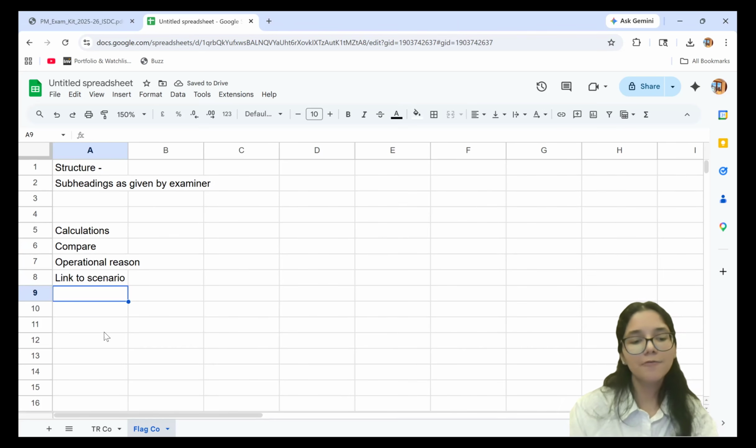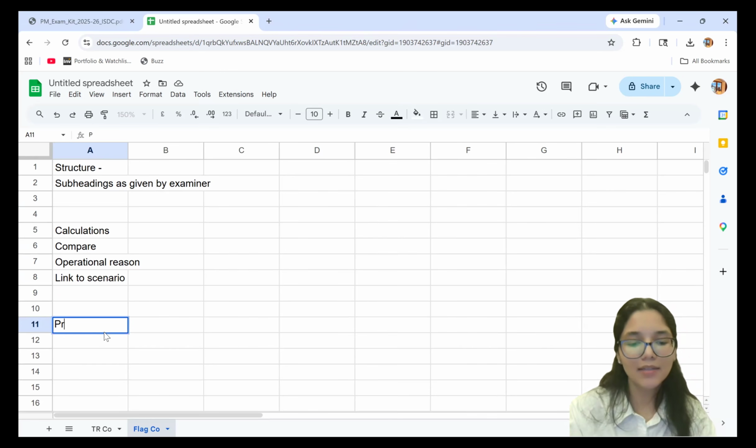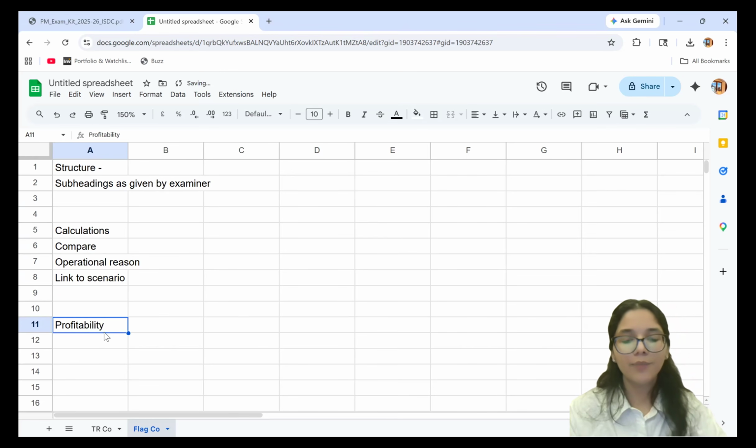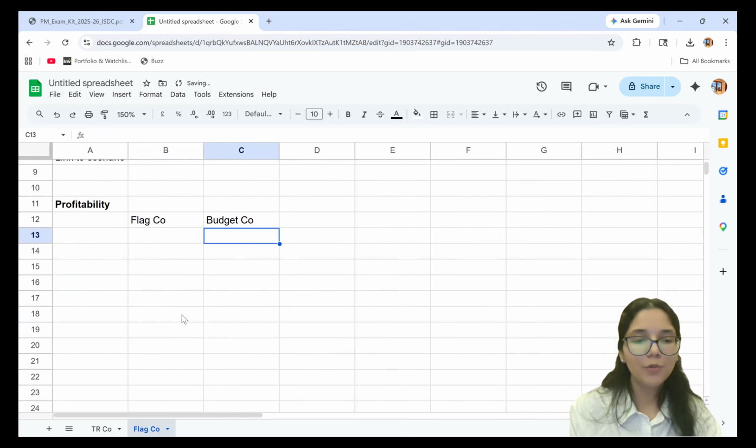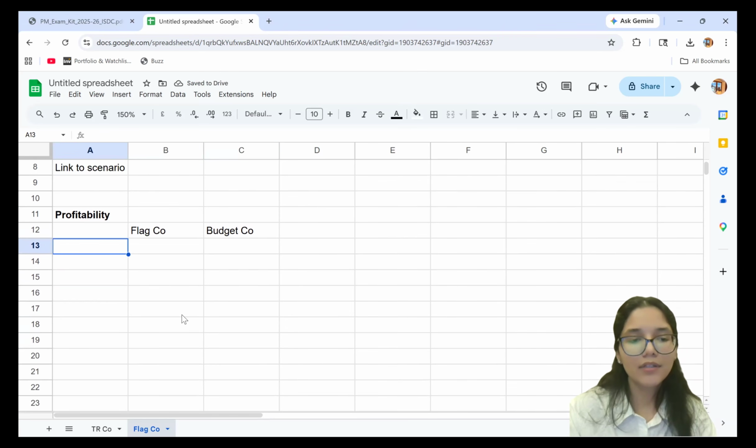I'll show you for the very first subheading, that is profitability. Under profitability, we will write the names of both of the companies, flag company and budget company. For both of these companies, we had decided on three ratios. First, we can calculate ROCE.